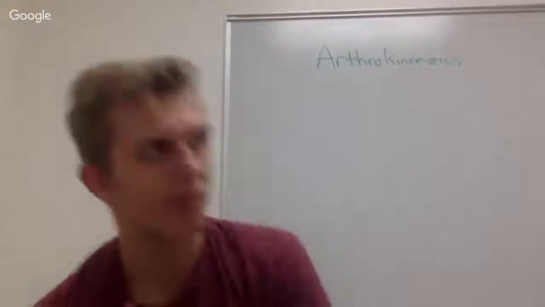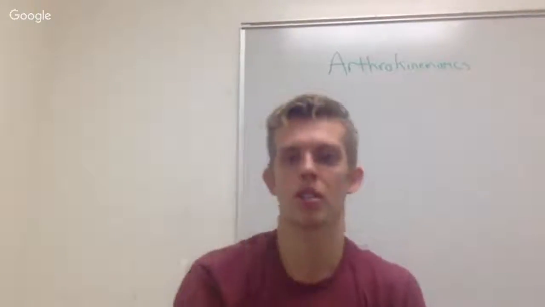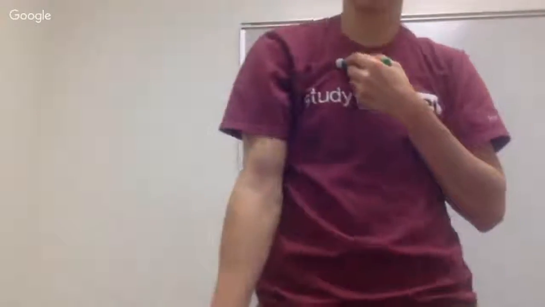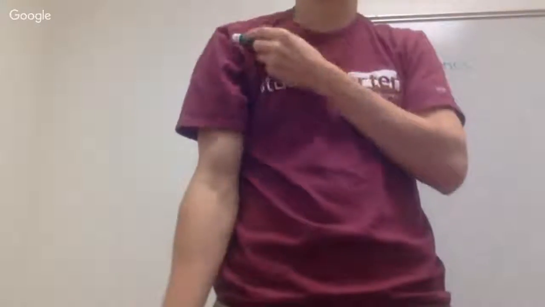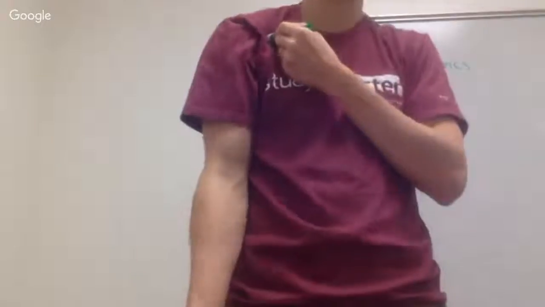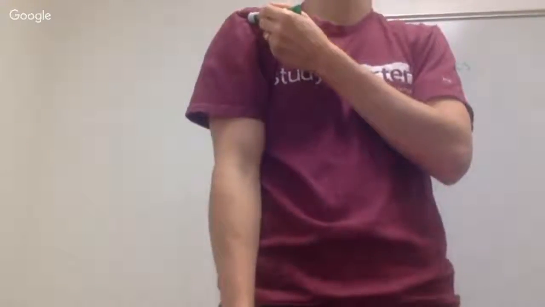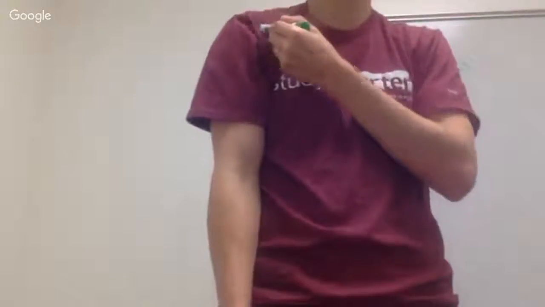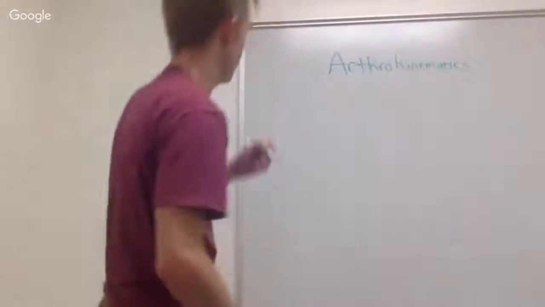Let's stop screen sharing. The way I like to memorize it is, one, obviously just being able to picture the bones. Starting in the upper extremities, we'll start at the scapula, where the shoulder and the scapula meet. The scapula has the glenoid fossa, which is definitely a cave.